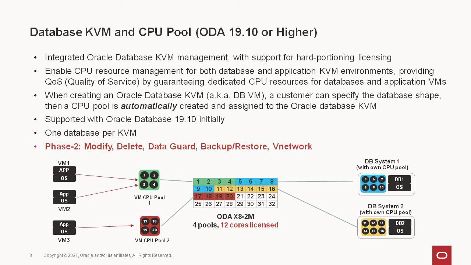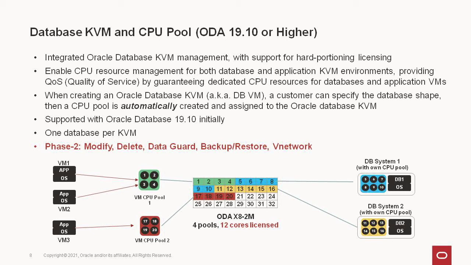In the current release, 1910, which came out a few weeks ago, we now support the database as well as the application in KVM. In this case, all the cores are activated because the database is in KVM. So you only have to license Oracle Database for the cores used in the database KVMs. On the right-hand side, we have 2 databases, which we call database systems 1 and 2.